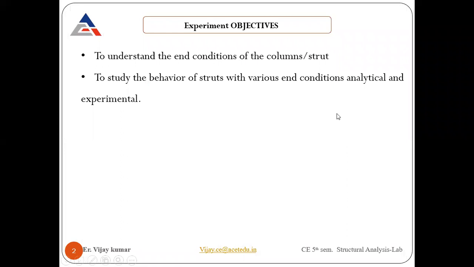If you see the objectives of this particular experiment, you will be able to understand what is column and struts. Basically, in journal terms, we call it a strut. If a strut is a vertical member, that is considered to be a column. If it is horizontal, we can call it a beam.